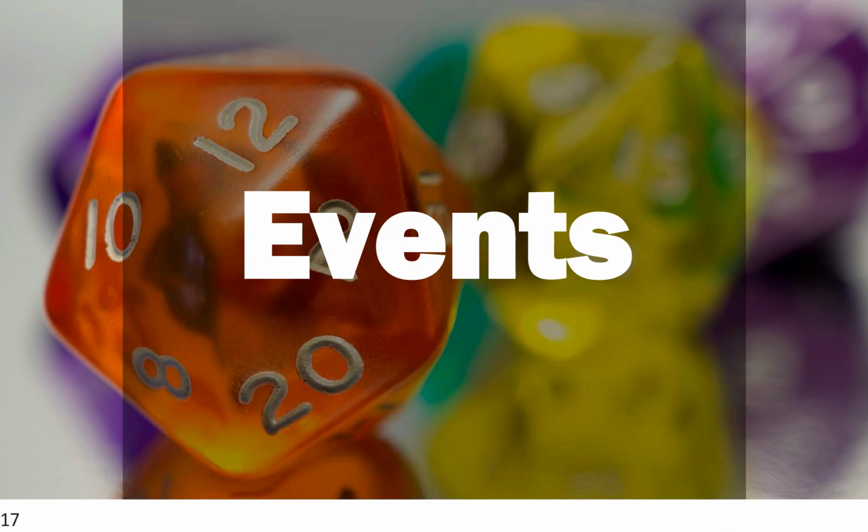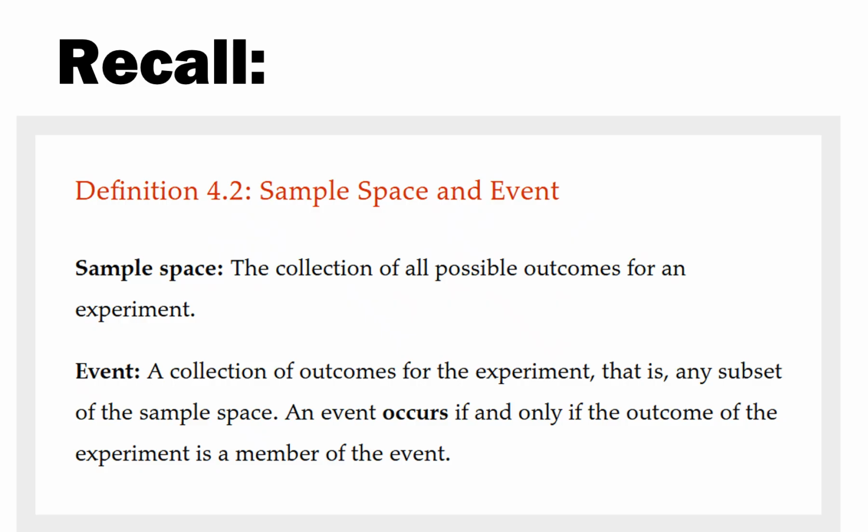Before continuing, we need to discuss events in greater detail. And remember, this is a collection of outcomes. Recall that the sample space is the collection of all possible outcomes for an experiment, and the term sample space reflects the fact that in statistics, the collection of possible outcomes often consists of the possible samples of a given size.